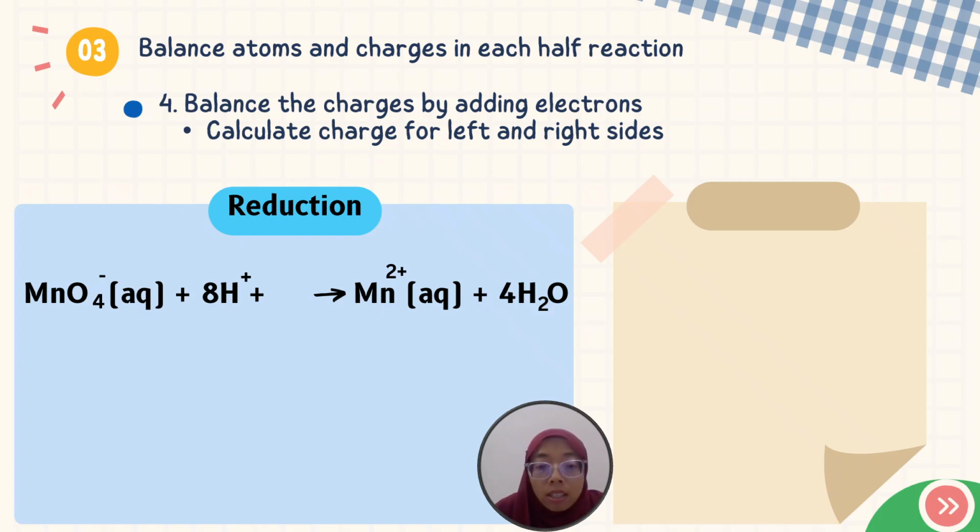Let's calculate together. MnO4- means the charge here is minus 1, and 8H+ means 8 times plus 1, which is plus 8.